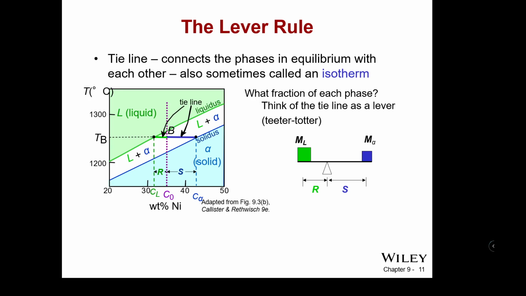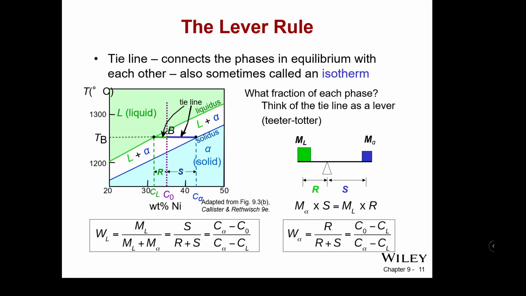You can think of them as a teeter-totter, and we need to understand how that works. So M alpha times S is equal to M liquid times R. And that's why we have the balance. That's how you get to the S over R plus S and the R over R plus S, respectively.